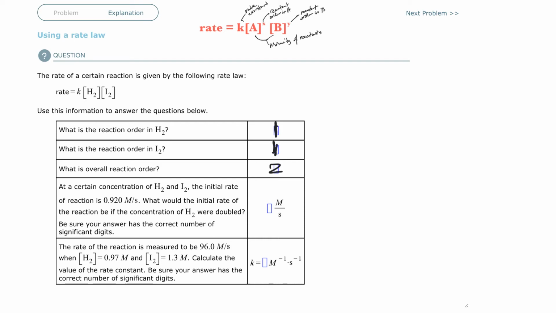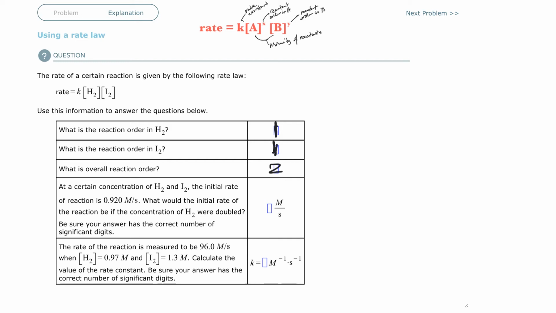Now go back to the rate law. This is hydrogen to the 1 power. So if I double it, I'm just going to double this number. If it were squared, then I would have to take this number, double it, and then multiply that number times itself. I'd have to square that number. But since it's to the 1 power, it doesn't do anything.